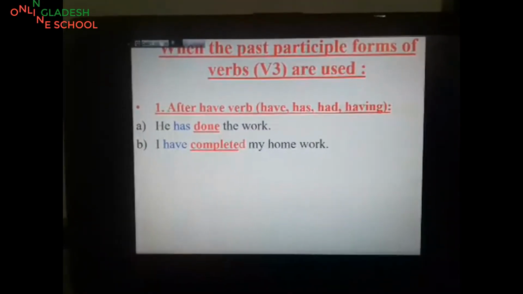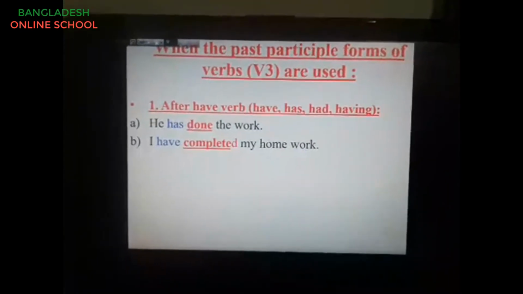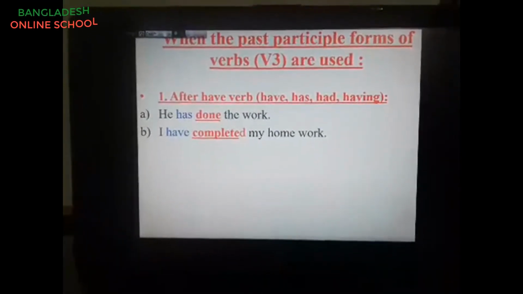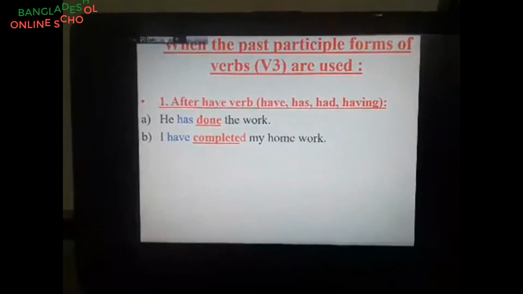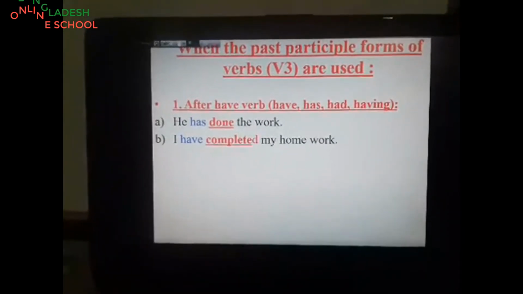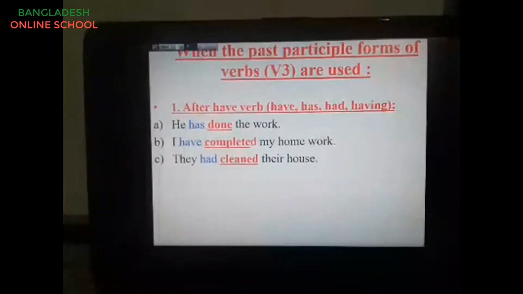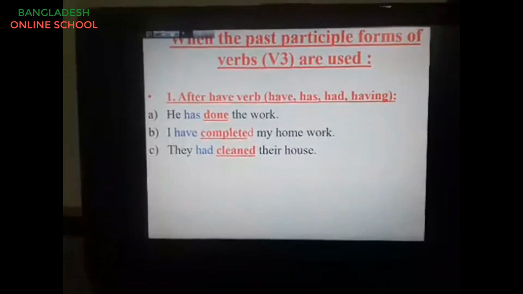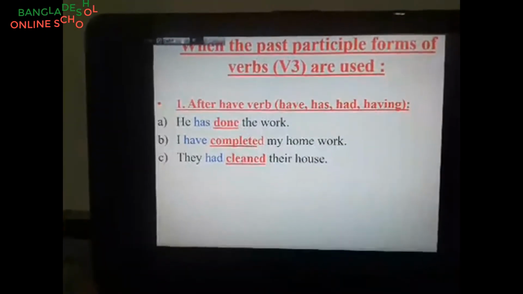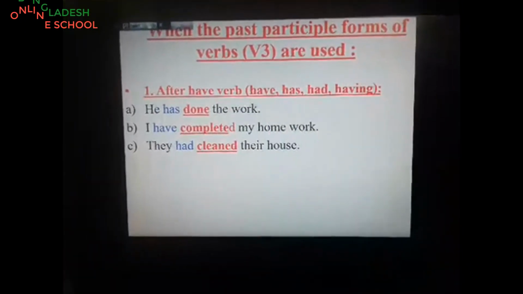In the second example, I have completed my homework. Here you can see there is a verb have. After have, completed, a past participle form of verb, is used. In the third sentence, you see they had cleaned their house. Here, after had, cleaned, a past participle form of verb, is used.